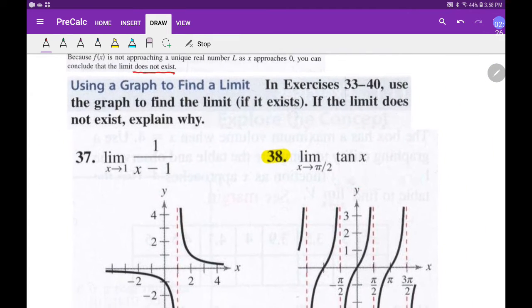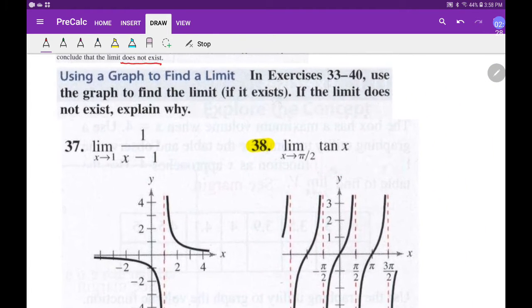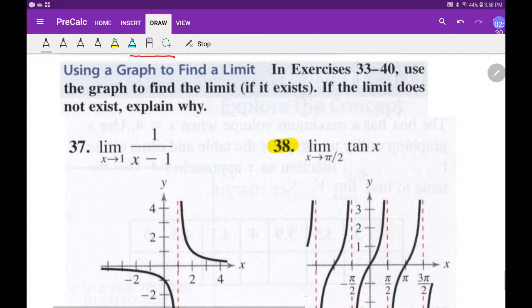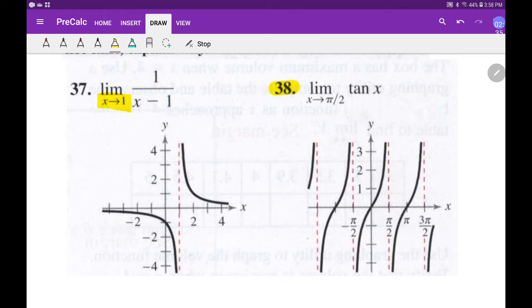Alright, so we look here and we say, as x approaches 1, okay, here's 1 right here. What's happening to the function? Well, as x approaches 1 from the left, it starts taking a nosedive. Why? Well, let's see. We're subtracting 1 and we're less than 1. We're not allowed to be 1.